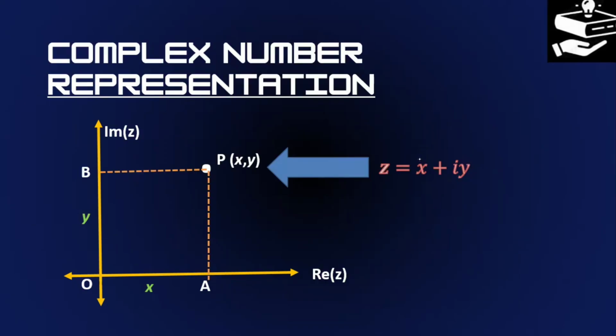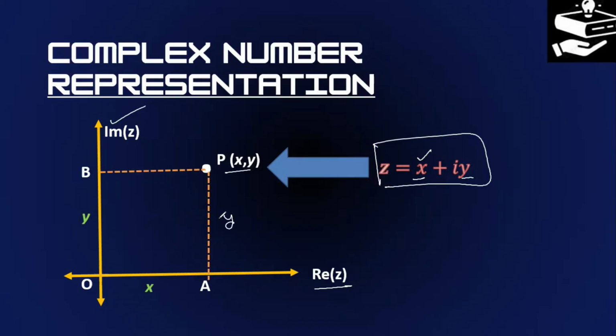If we consider that the x-axis denotes the real part and the y-axis denotes the imaginary part, then any point (x, y) will denote the complex number z equals x plus iy, where OA distance is x and PA distance is y.